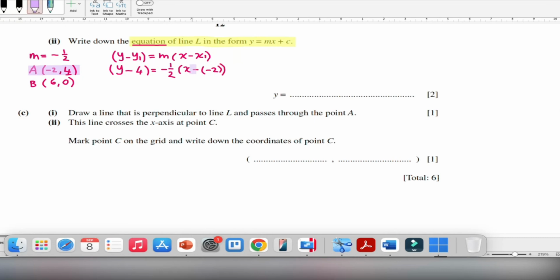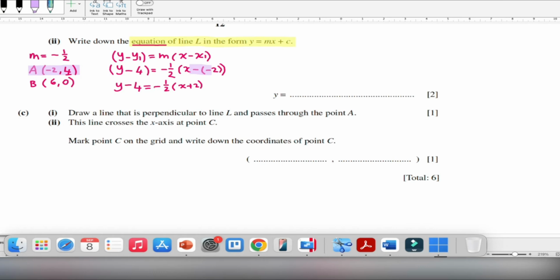Now remember, a negative and a negative equals a positive. So this becomes, I'm just going to write it closer up. So then we have y minus 4 equals -1/2 times x plus 2.